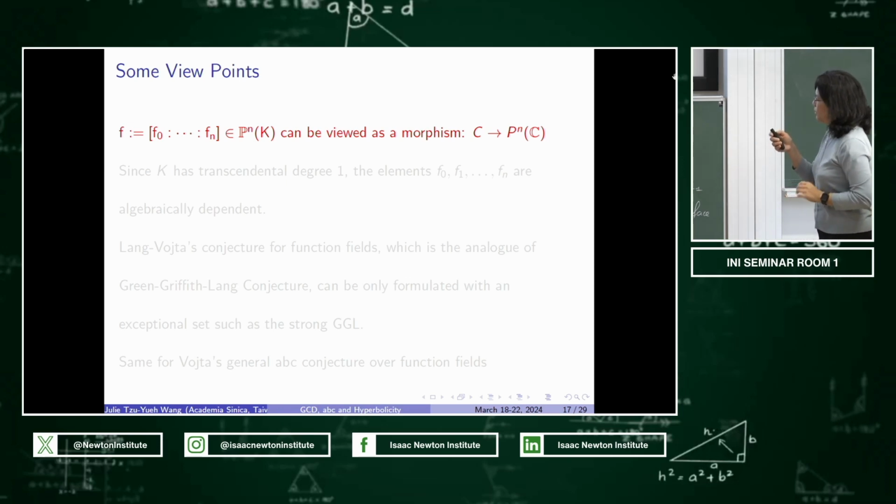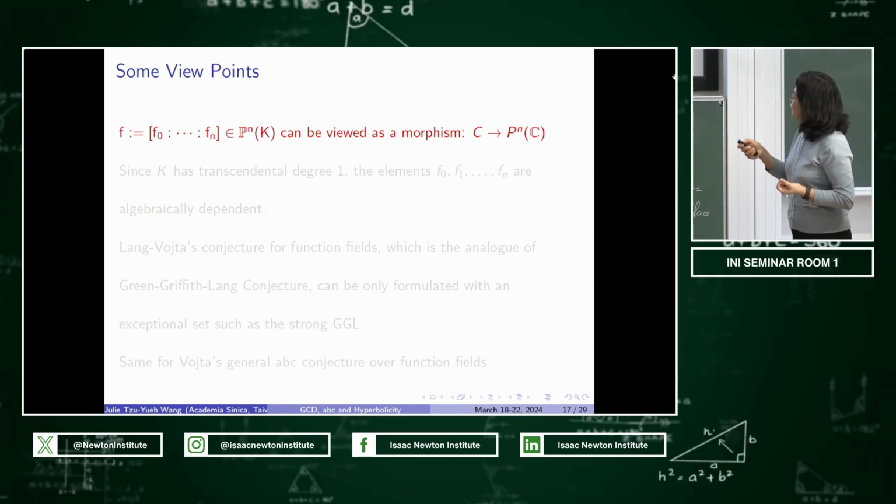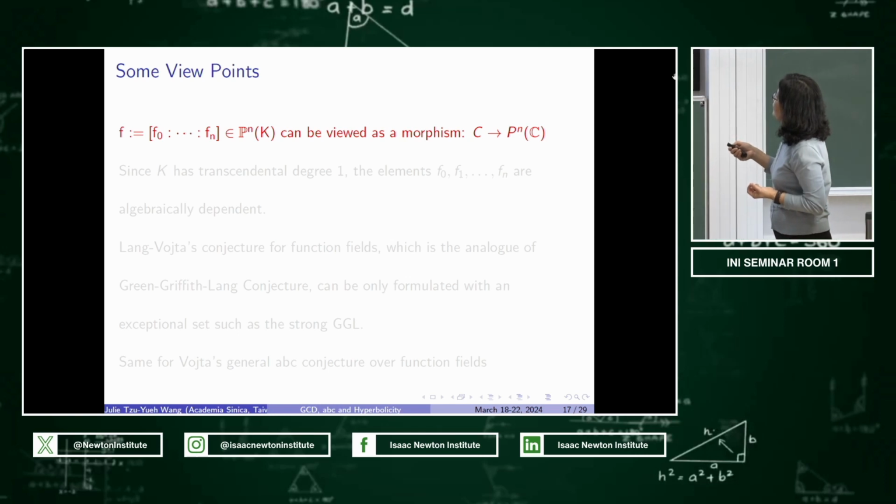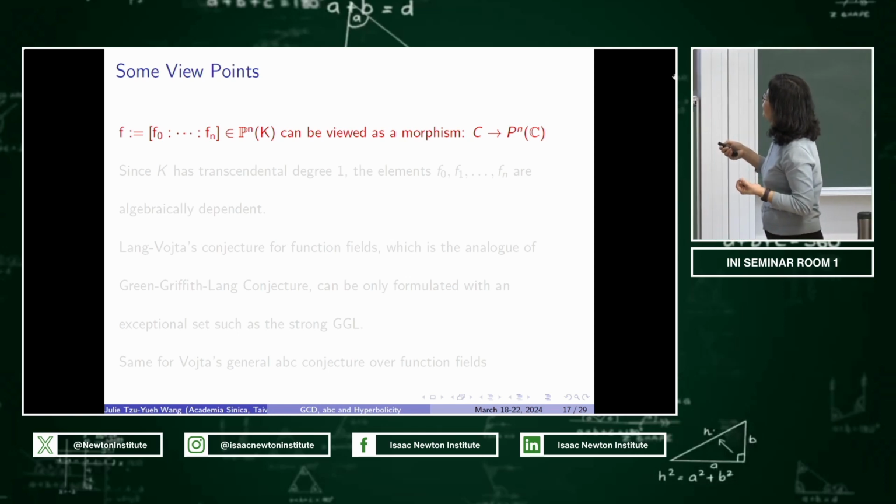Okay, so for function fields, let's say we write F0 to Fn as elements in the function field, so they are algebraic functions. You can realize this as a point in P^n(K).